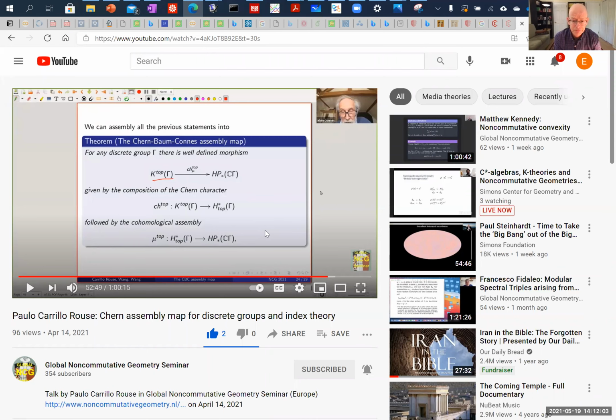So if your group Gamma is something like a Bieberbach group, it acts on R^n isometrically and properly, then for sure everything is fine. This map does factor through the reduced C-star algebra. However, to produce local index formulas, it's another step, I'll say.